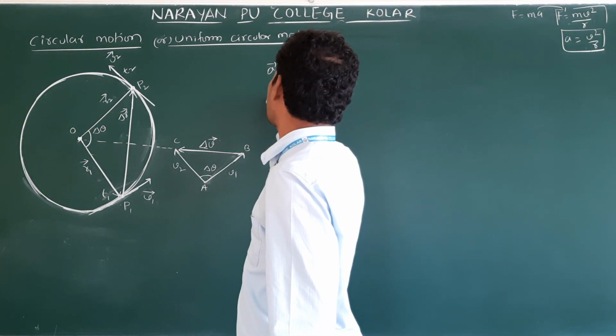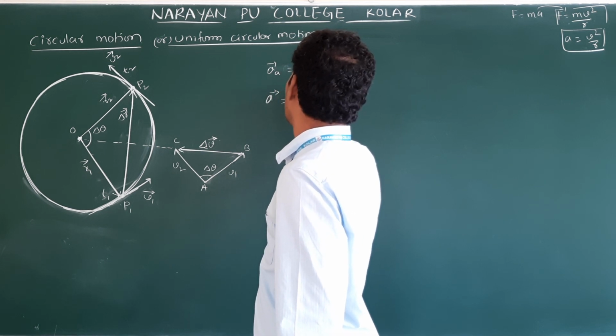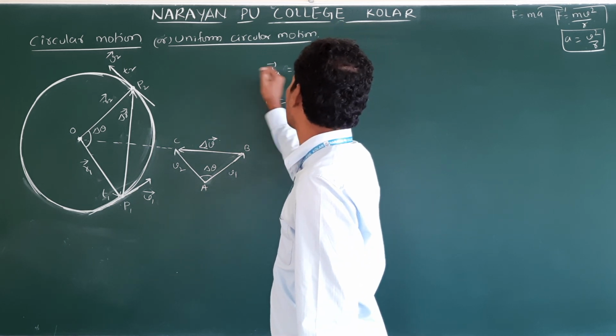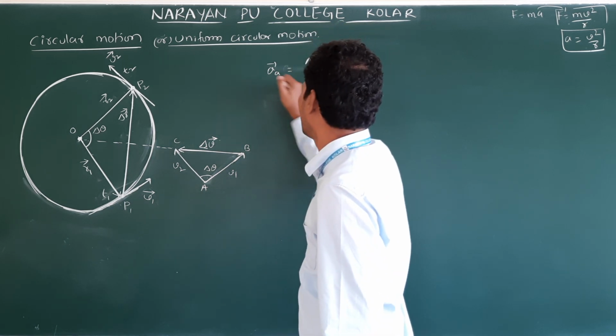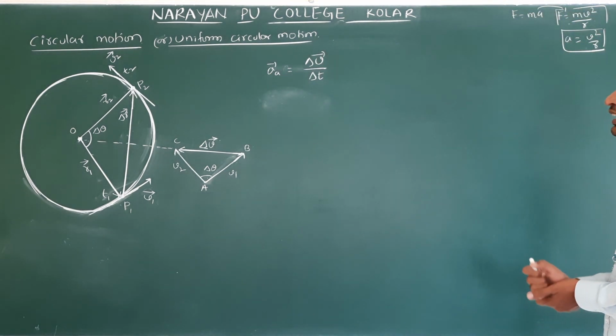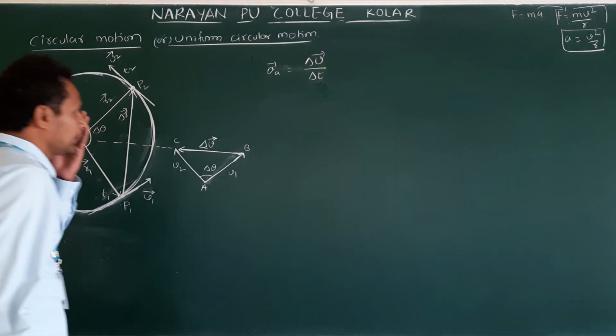Then instantaneous acceleration will become A is equal to... we will keep it as is. After that we will find the instantaneous acceleration. First we follow the average acceleration.